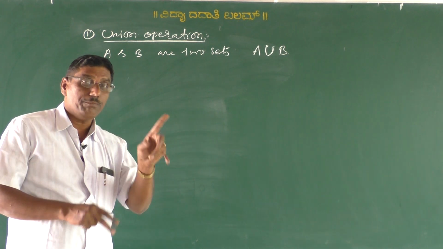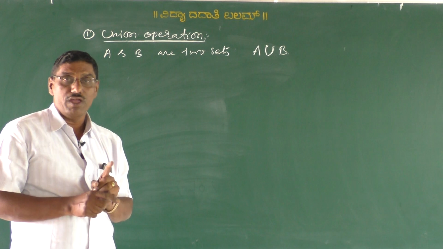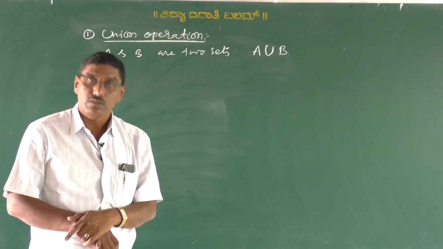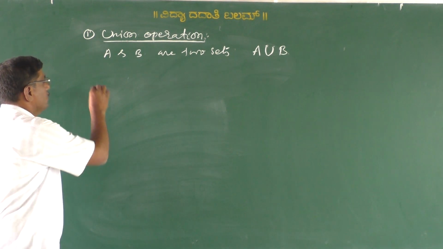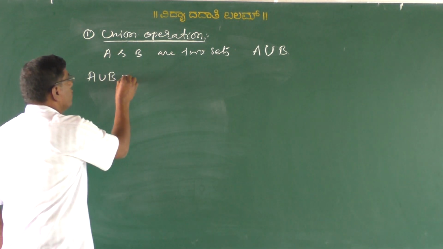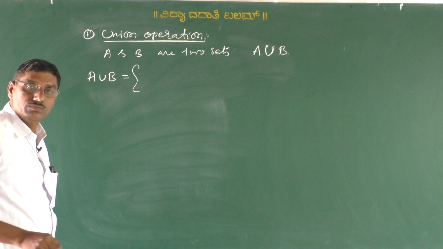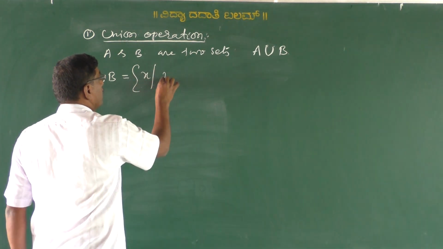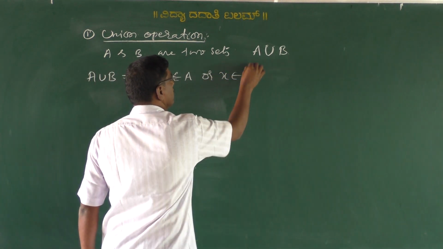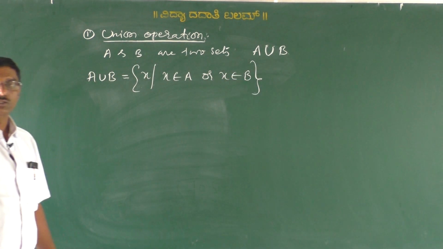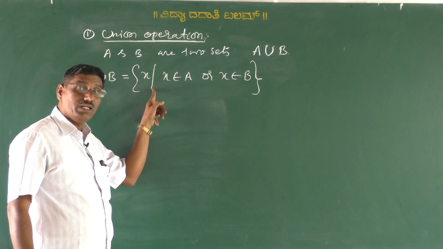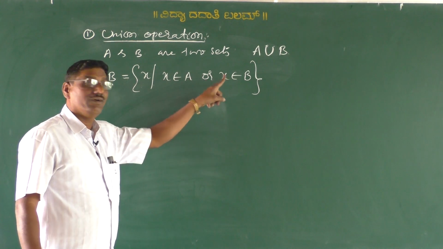If common elements are repeated in both the sets, then we write them in A union B only once. That is, A union B is equal to the set of all X such that X belongs to A or X belongs to B. Do you understand, my dear students?